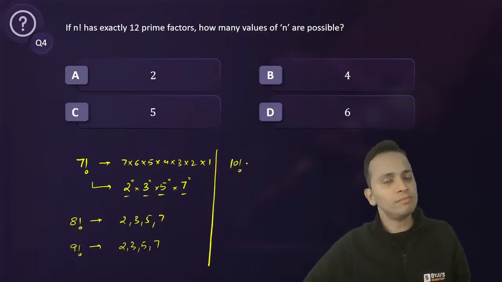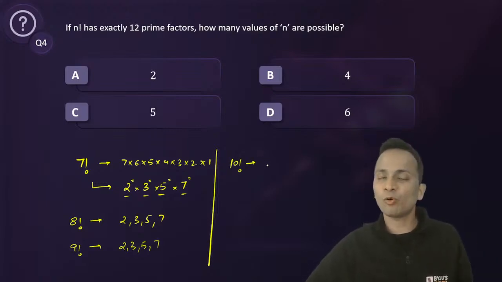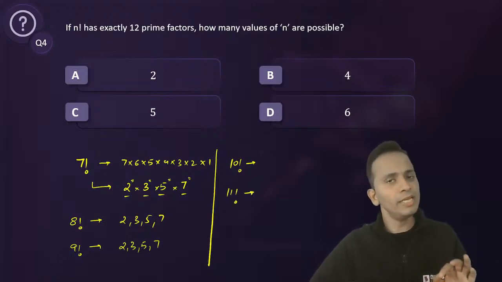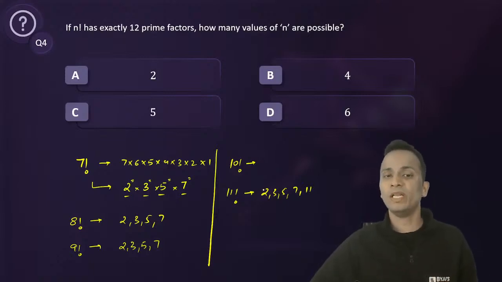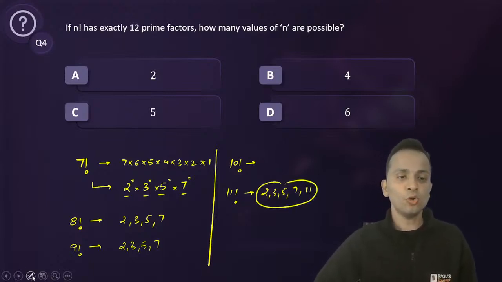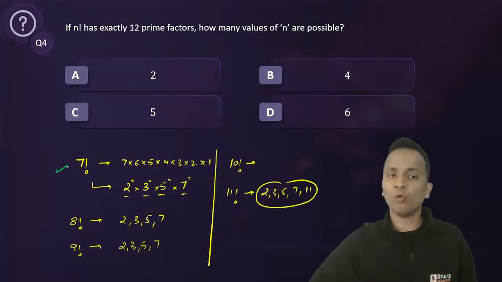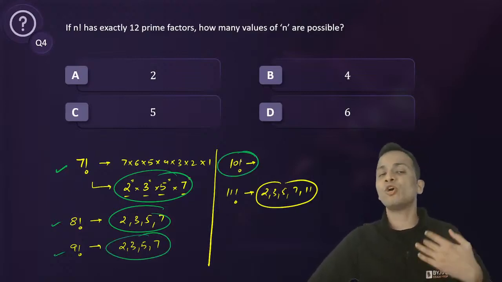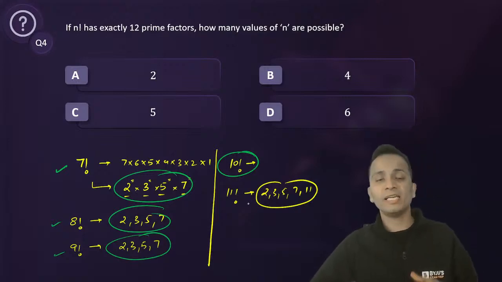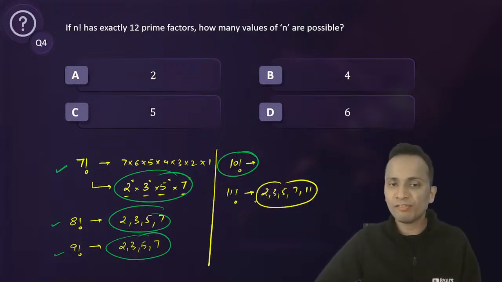Similarly, 10 factorial will again have 4 prime factors. But 11 factorial will have 2, 3, 5, 7, and 11 as well in its prime factorization. So 7 factorial has 4 prime factors, 8 factorial has 4, 9 factorial has 4, 10 factorial also has 4 prime factors, but 11 factorial will have 5 prime factors. Okay, understood?